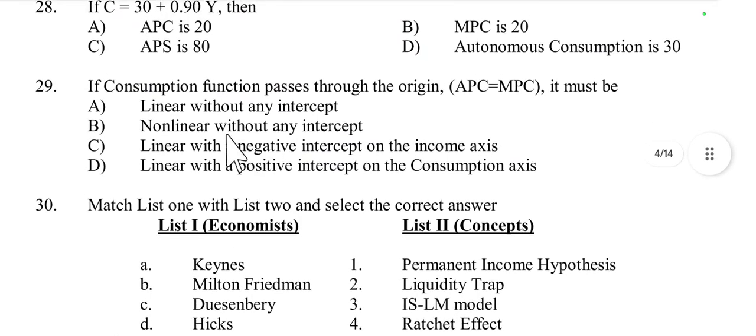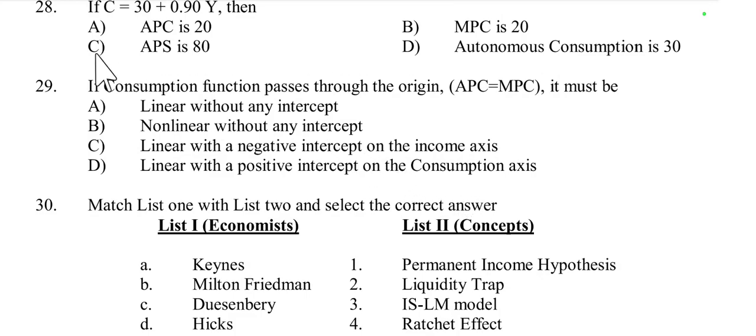Question number 29: if the consumption function passes through the origin, or we can say APC is equal to MPC, it must be linear without any intercept, non-linear without any intercept, linear with a negative intercept on the income axis, or linear with a positive intercept on the consumption axis.